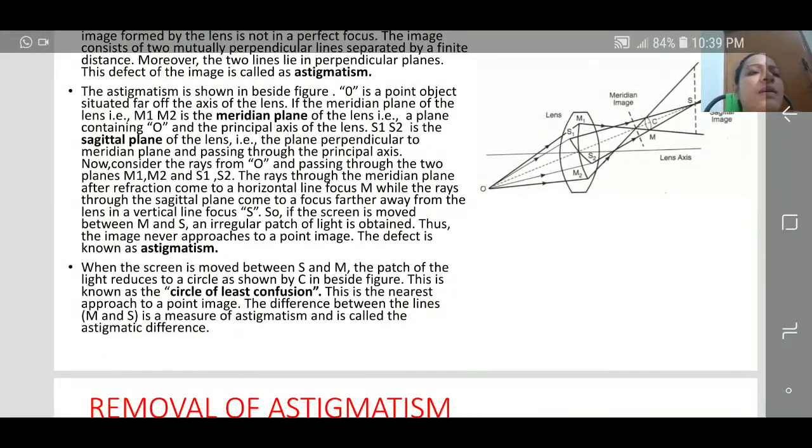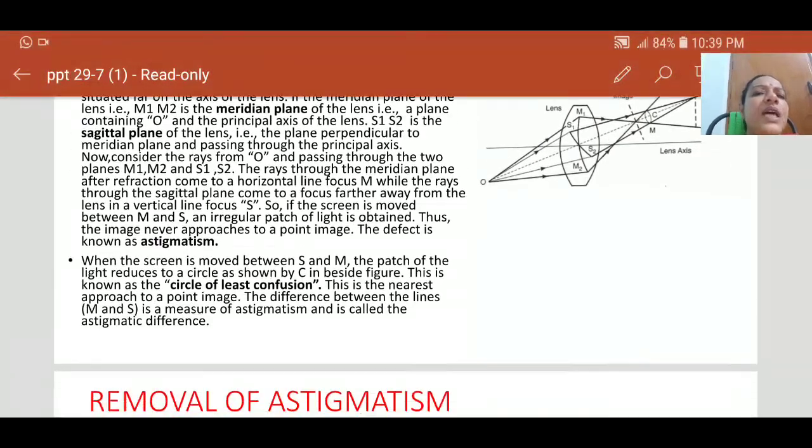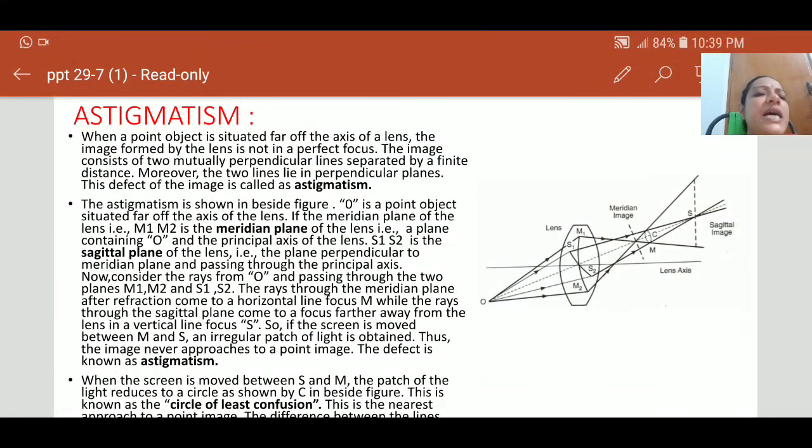Next, another type of aberration, astigmatism. Astigmatism arises due to the rays incident on two different planes, one is the meridian plane and another is the sagittal plane. The rays incident on the meridian plane form the meridian image at M, which is nearer to the lens.